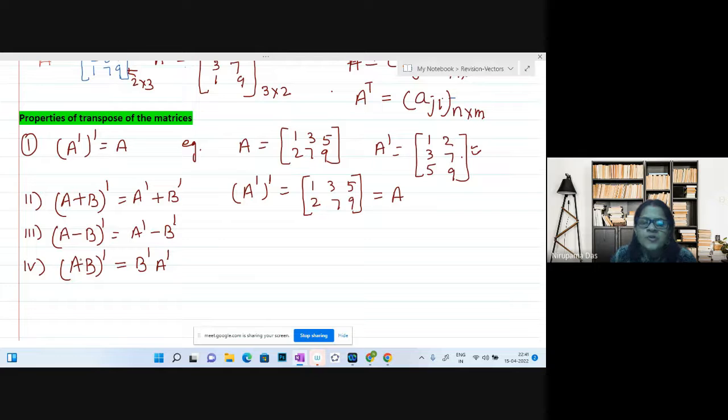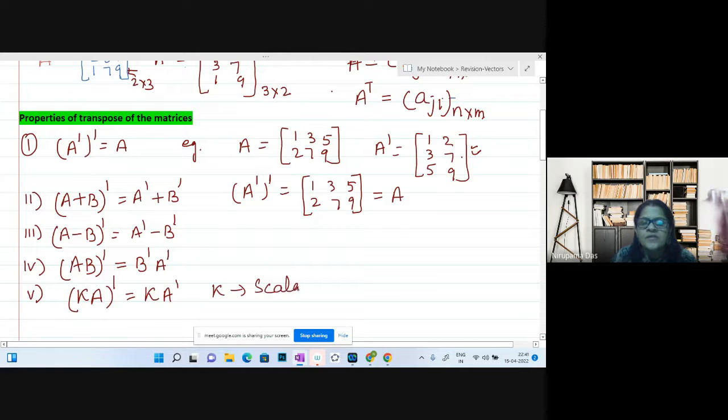So transpose of AB equal to B transpose into A transpose. Fifth property: if we multiply any constant to the matrix and take its transpose, it is equal to k times A transpose. What is k? k is any constant, or you can say k is a scalar.